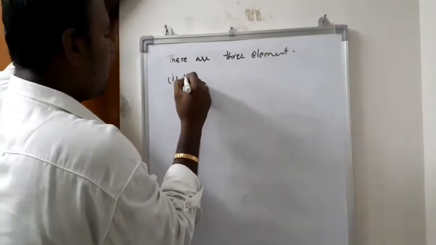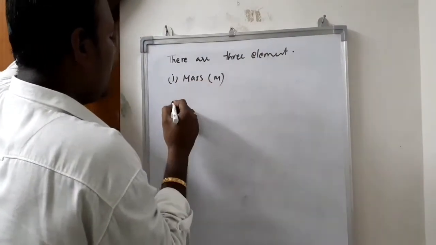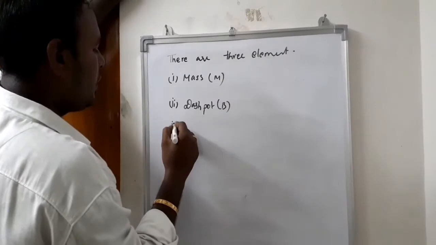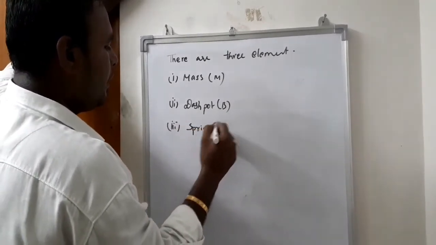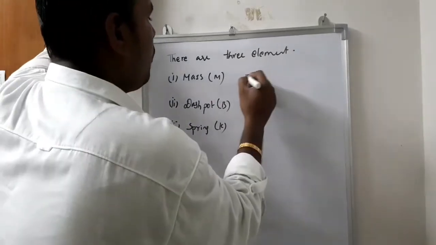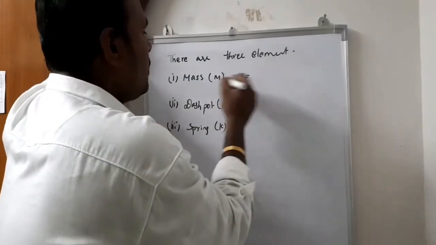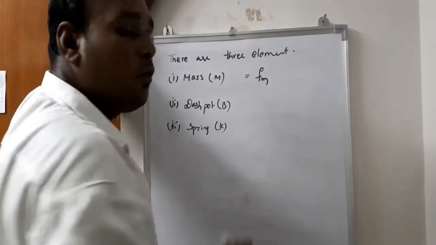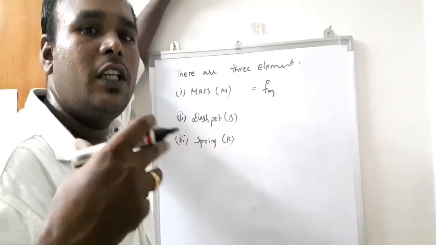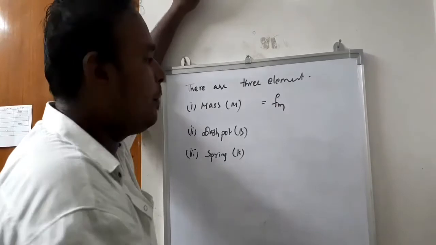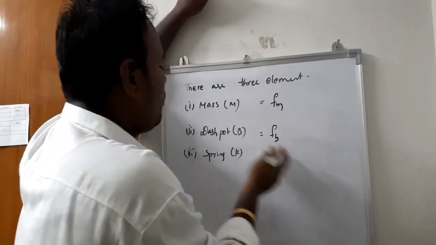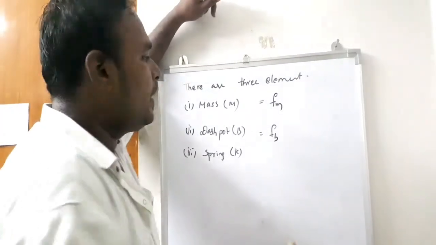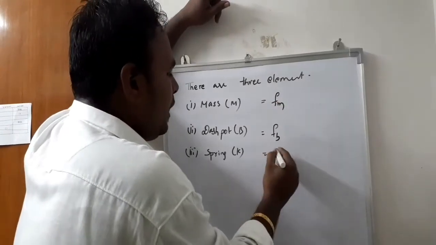First one is mass, denoted by M, second one is dash pot, denoted by B, and third one is the spring, denoted by K. Fm is the opposing force offered by the mass. When a force is applied on the body, some force opposes on the same body. We can take that opposing force as Fm, Fb and Fk.